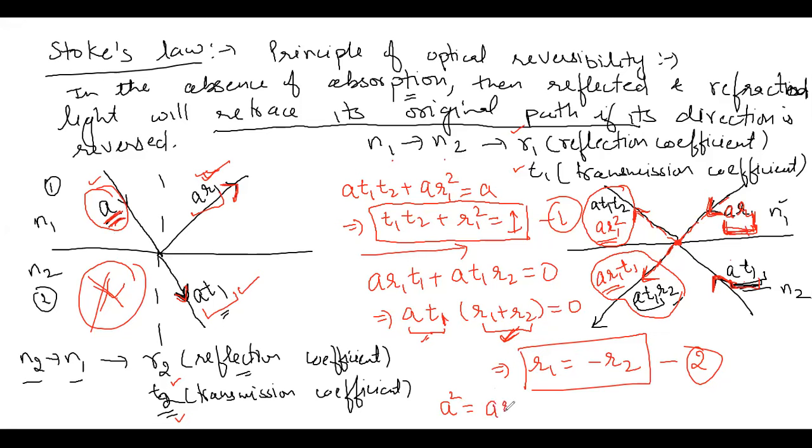So that means this has to be equal to this. And this is simply from the energy conservation principle. From here, A square is common everywhere. You can say that 1 minus R1 square is equal to T1 square. And let's call that your equation number 3.